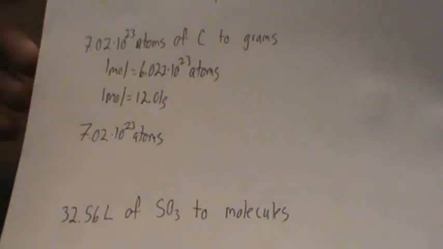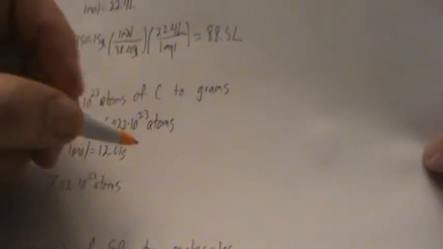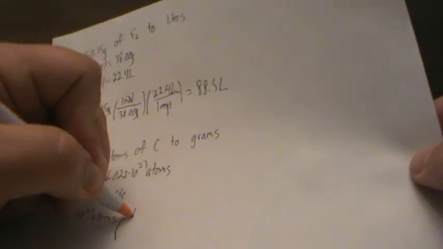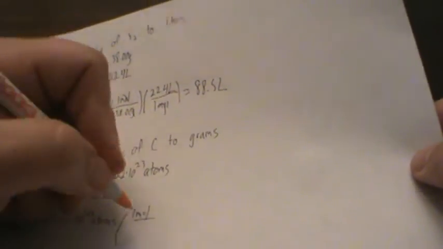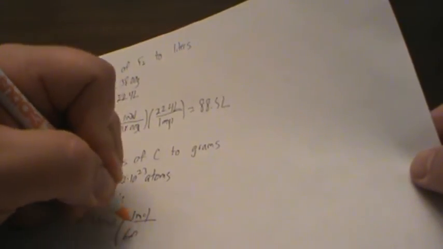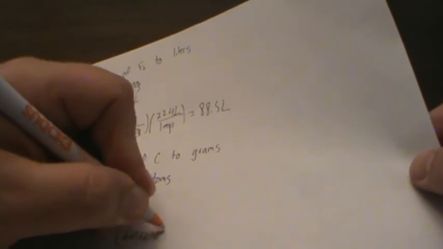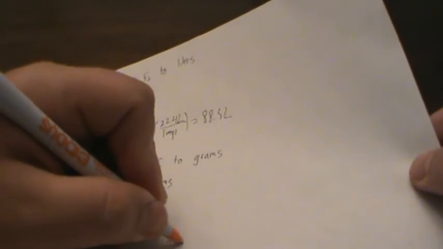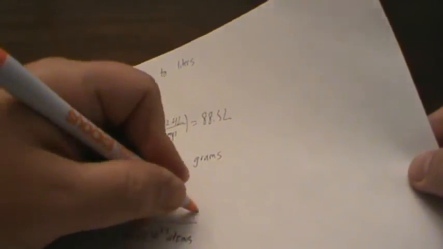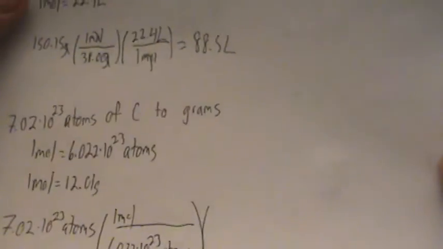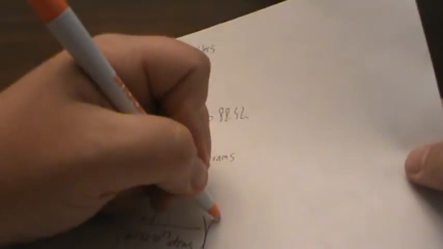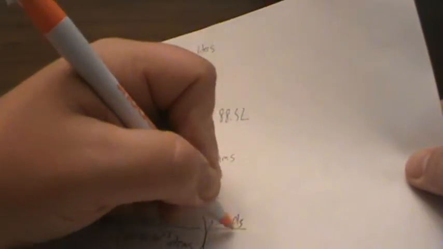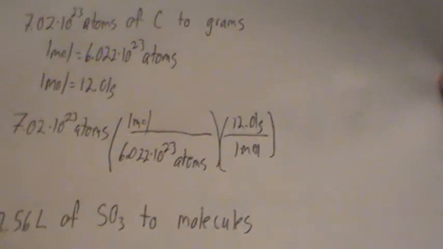So start with the number that we're given, and use that first conversion factor so we get out of atoms going into moles. 1 mole over Avogadro's number. In the second ratio, since we're trying to go to grams, we'll have 12.01 grams over 1 mole.